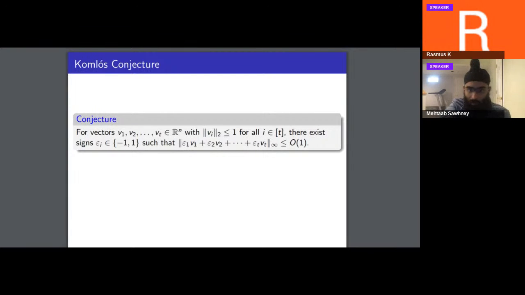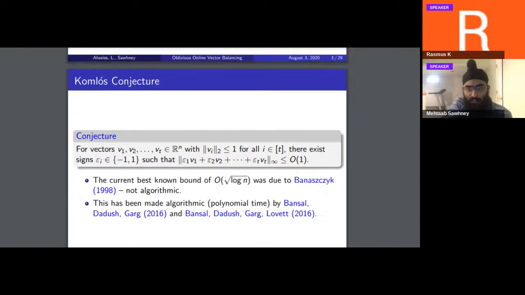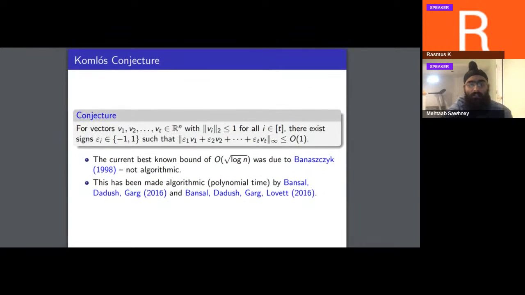Unfortunately, we don't know how to resolve the Komlós conjecture, and the best known bound is due to Banaszczyk. In particular, the best known bound is O of square root of log n. So if you're in n dimensions, given any number of vectors, you can find a signing so that the discrepancy is bounded by square root log n.